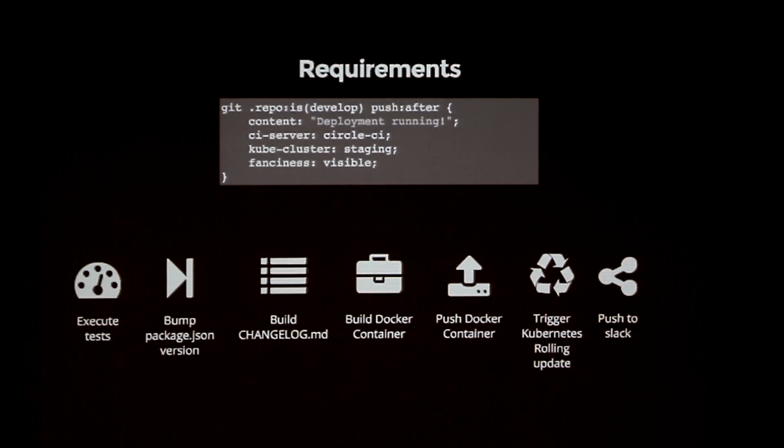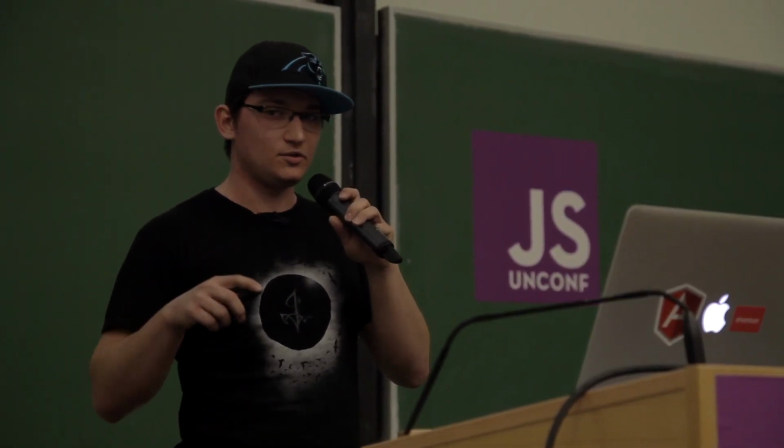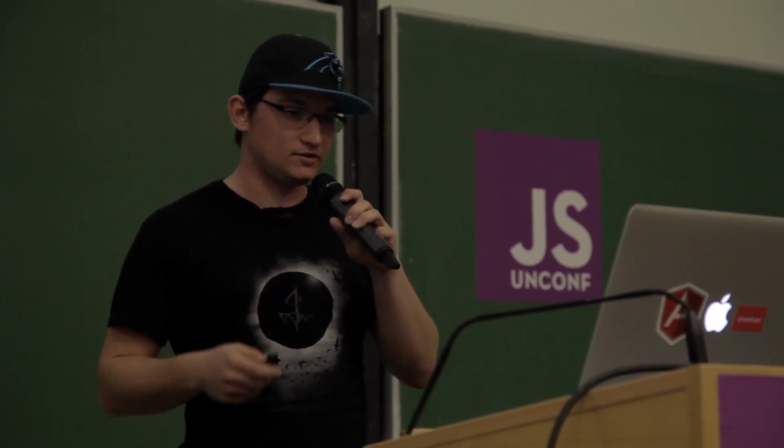We want to push to Slack because we are fancy. We want to have a Slack bot here: cool, we have done a deployment. Plus, we want to have the sites SSH protected. This isn't exactly a requirement of the deployment workflow, but for the whole infrastructure setup. So I added it to the list.